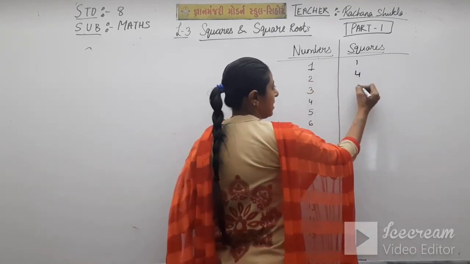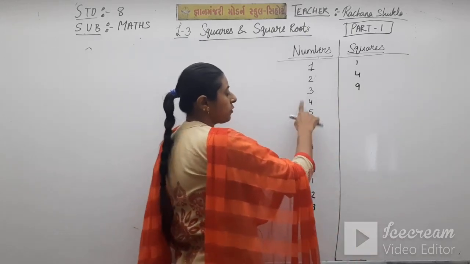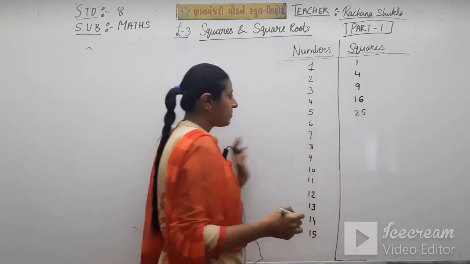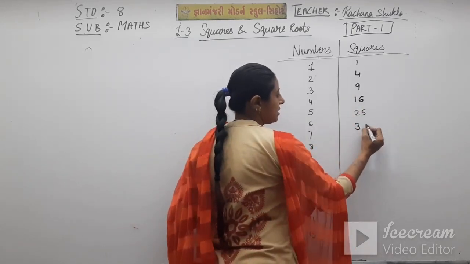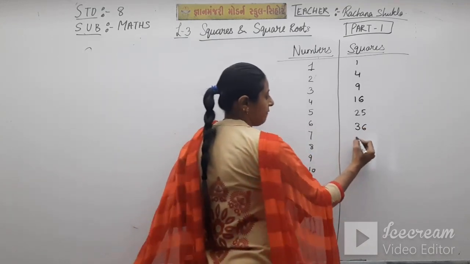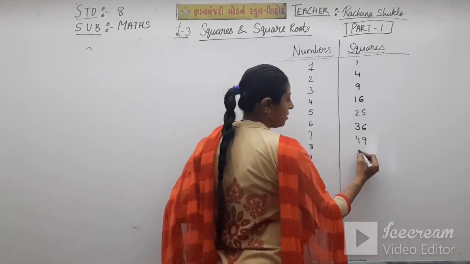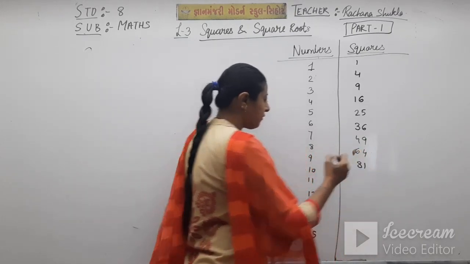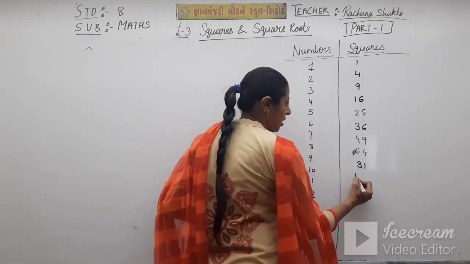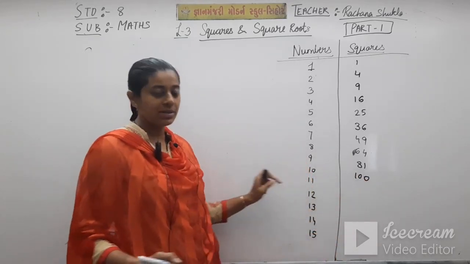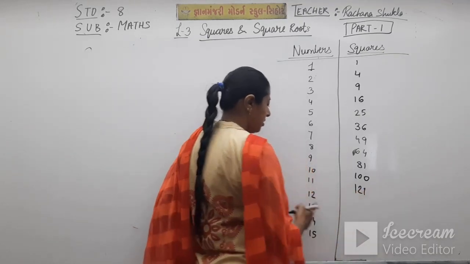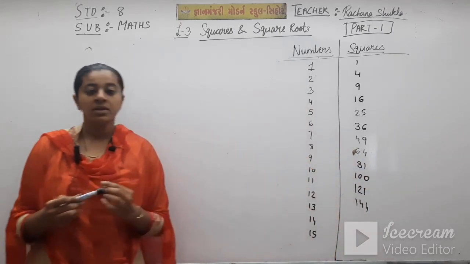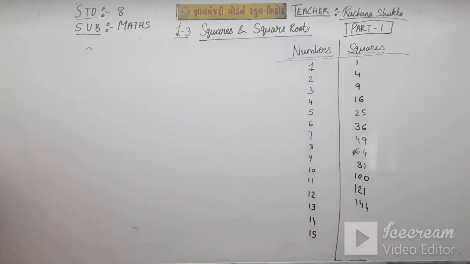Square of 3 is 9. 3 threes are 9. 4 fours are 16. 5 fives are 25. 6 sixes are 36. 7 sevens are 49. 8 eights are 64, 9 nines are 81, 10 tens are 100, 11 elevens are 121, 12 twelves are 144. So, like this way, start writing the squares in your fair book.